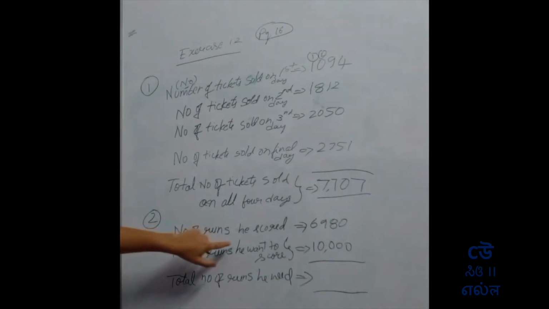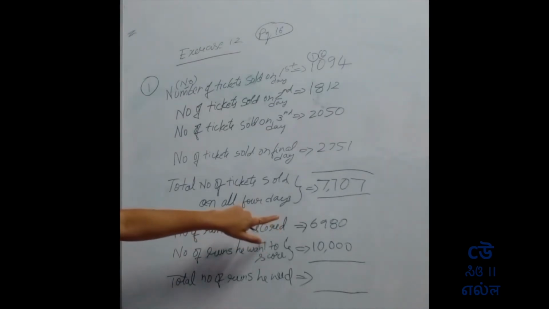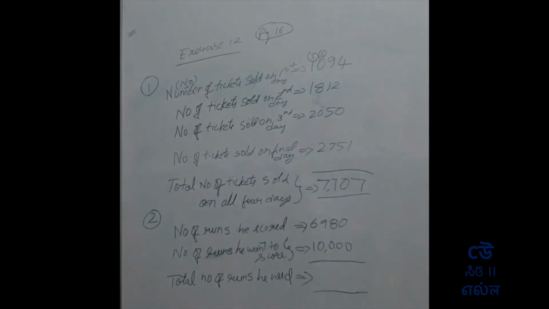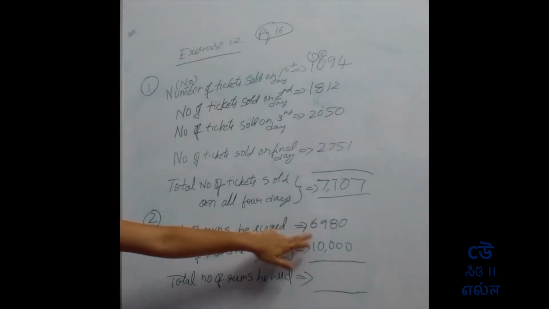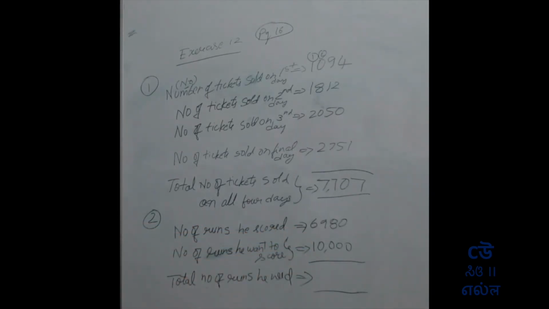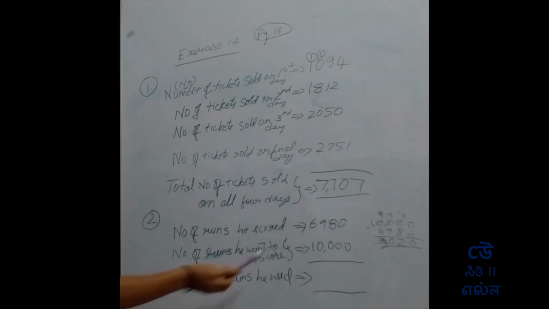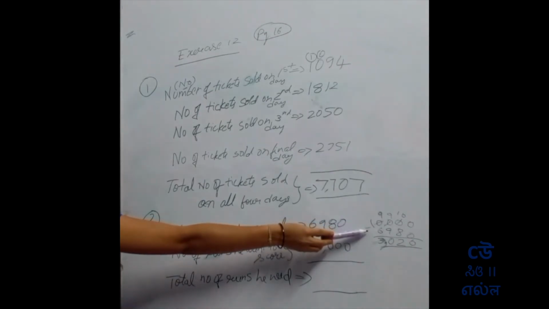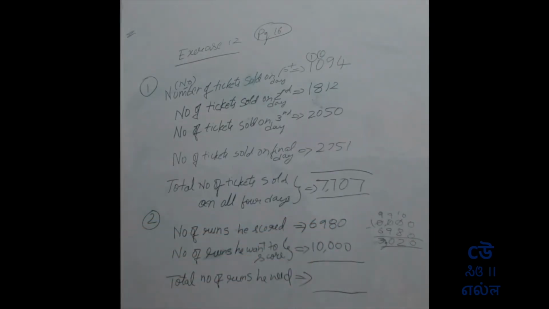So now we have scored 6,980 runs. You have to reach the target of 10,000. So to find how many runs are still needed to complete 10,000, what we have to do, children? We have to subtract 6,980 from 10,000.